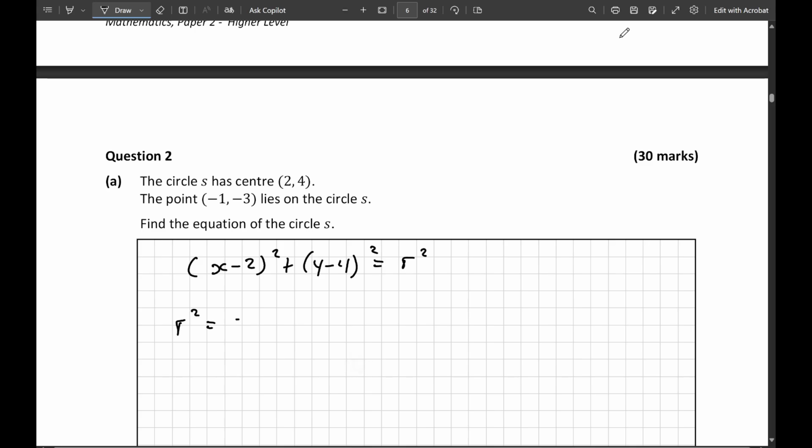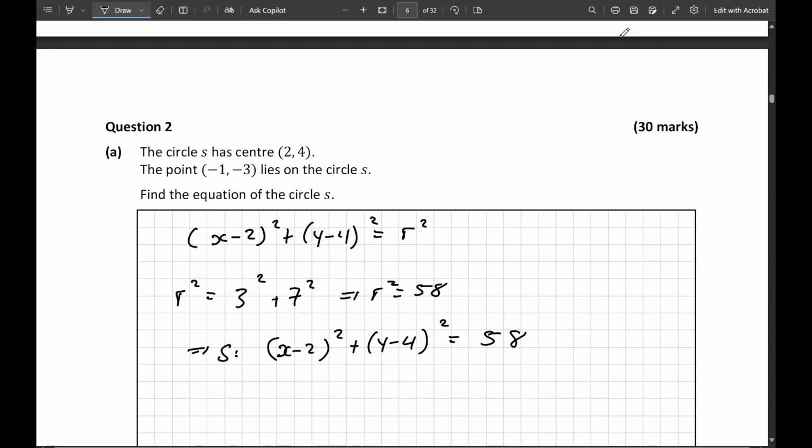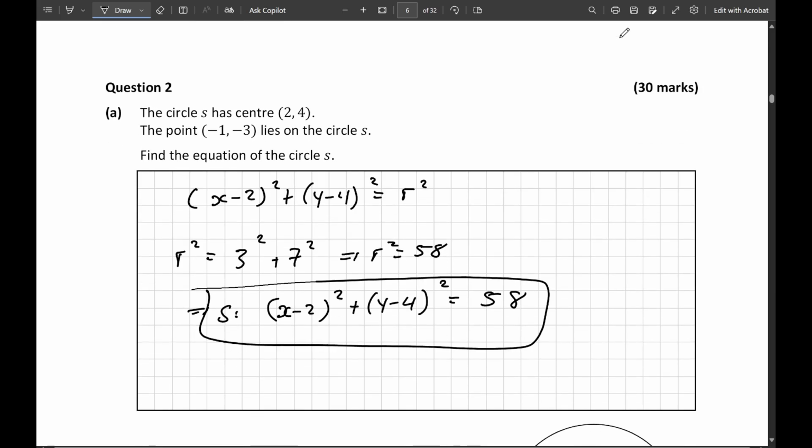So 2 to minus 1 is 3. And 4 to minus 3 is 7. So it's 49 plus 9, which is 58. So what we could say is that S has the equation x take away 2 squared plus y take away 4 squared, which I'll just write r squared, is 58. So that ends up being 58. And that's the equation of S.